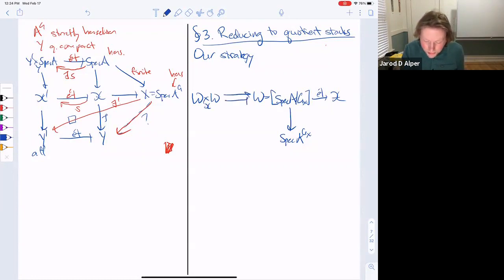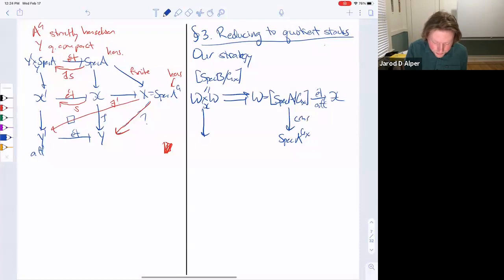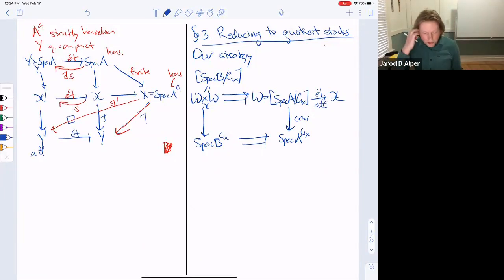And because this map is also affine, this itself is going to be spectrum, like an affine scheme mod the stabilizer. So here you also have a coarse moduli space. And we have two maps. And these are given by the universal property of coarse moduli spaces.